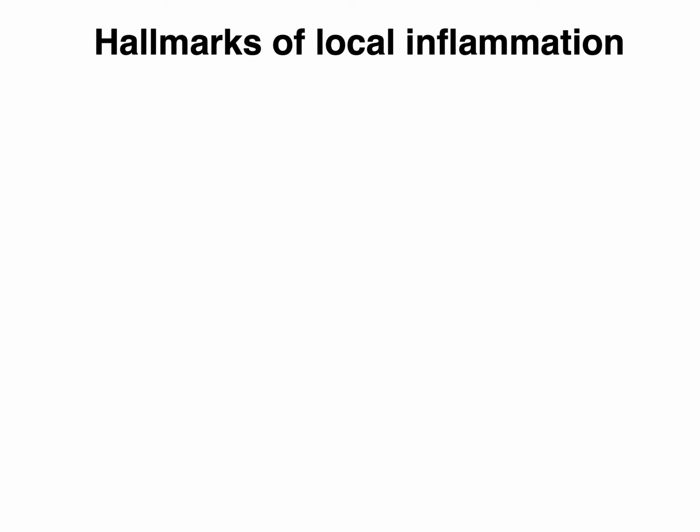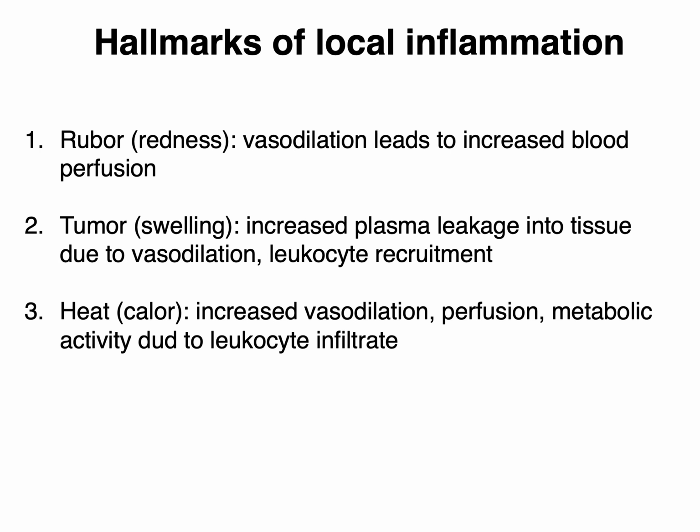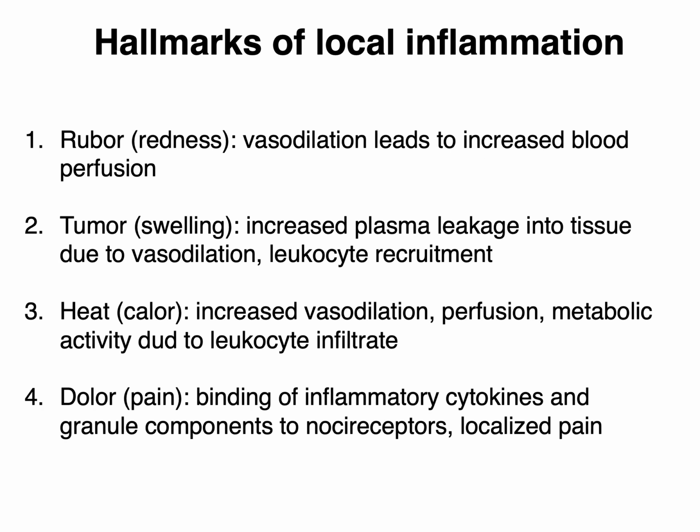So this leads us to the hallmarks of local inflammation, and these are often referred to as rubor, tumor, calor, and dolor. And this can also be indicated as redness, swelling, heat, and pain. These are the hallmarks of a local inflammatory response.